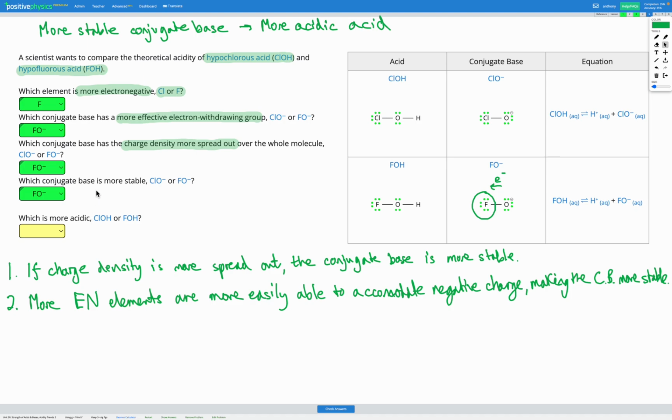So which is more acidic? Well, we know the one with the more stable conjugate base is the more acidic acid, so it's going to be FOH. Let's add another rule to our list.